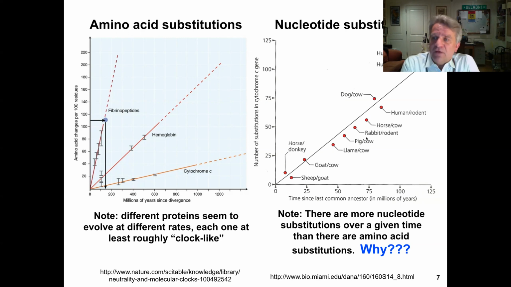Why is that the case? Why would you expect that for the cytochrome C gene, for a given comparison, there are more nucleotide substitutions than amino acid substitutions? Let's give you a moment to think about that.